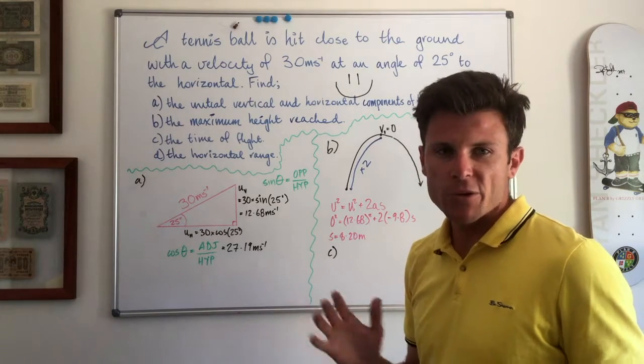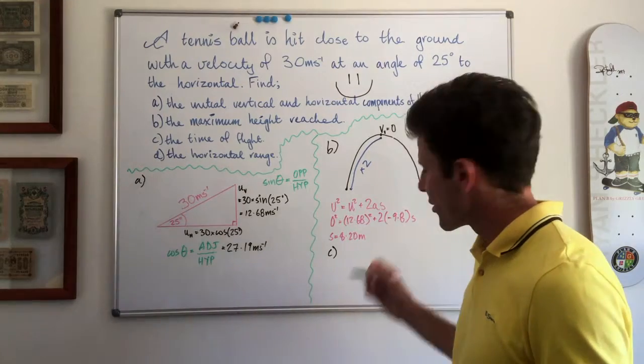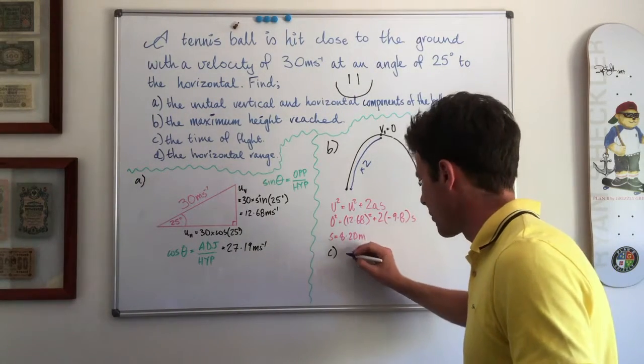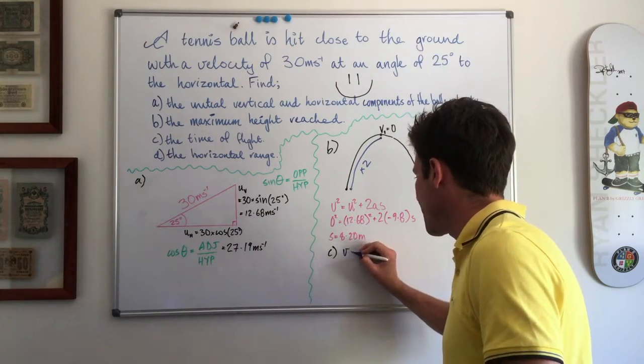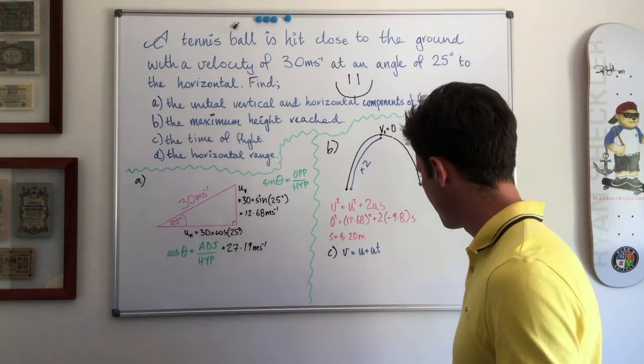Well, again, we're going to make use of another one of our formulas which describe motion. So this formula is v equals u plus at.